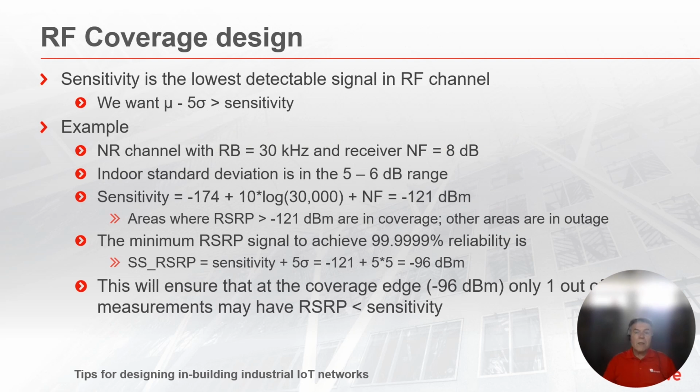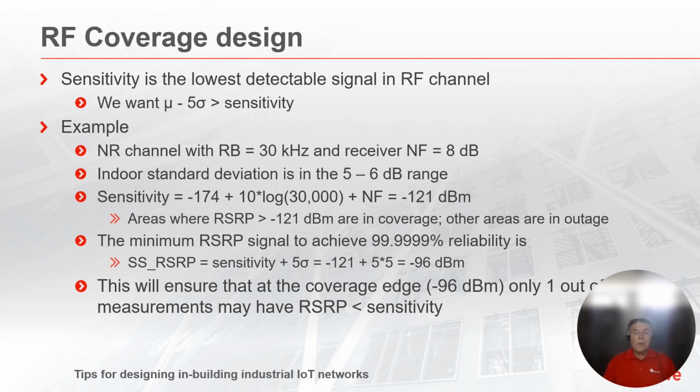So that really means that to achieve that reliability, I have to have the minimum mean signal to be 5 sigma greater than sensitivity, because sensitivity is the lowest detectable signal in an RF channel.